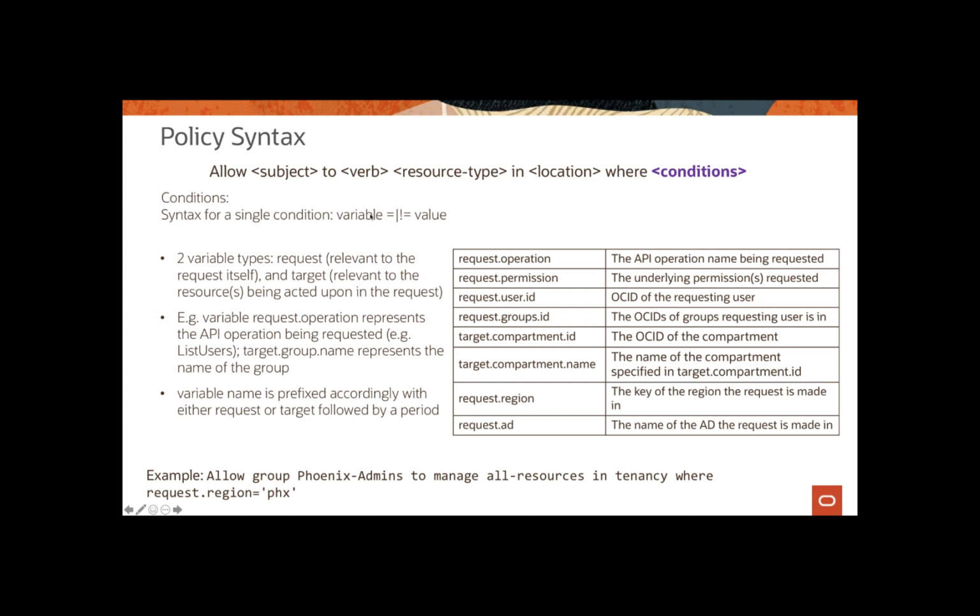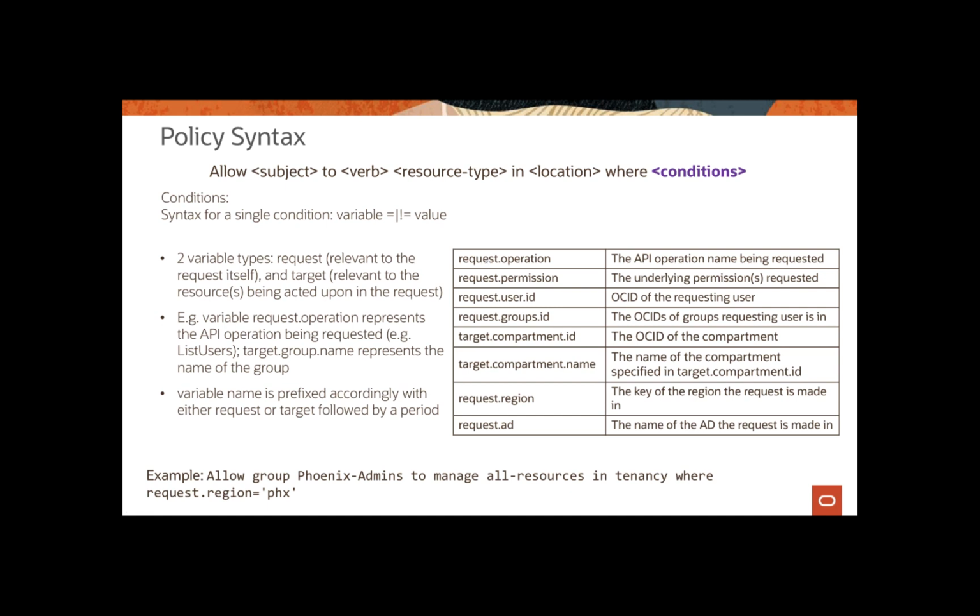And the variables are of two types themselves. There are request kind of variables, and then there are target kind of variables. The request variables have something to do with the API operation being requested, and the target variables are related to the resources on which the policy is going to act. So you either write request dot something, or you write target dot something.